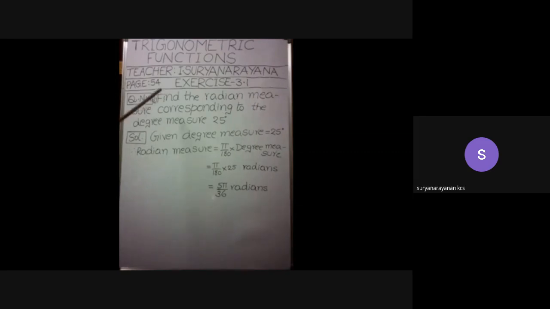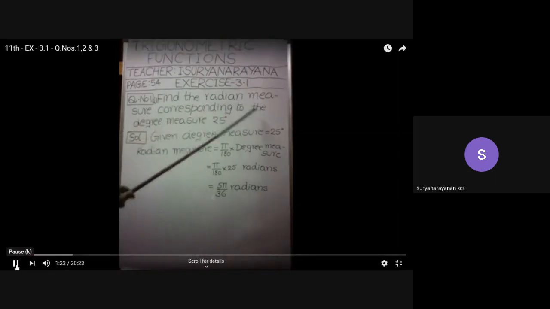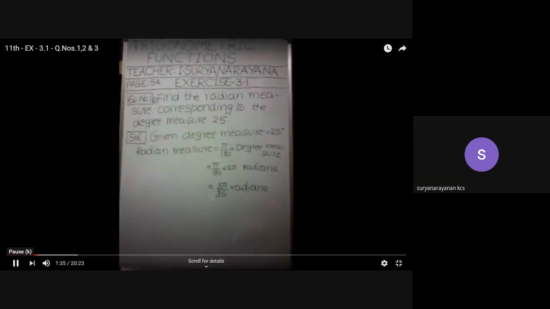See the question: find the radian measure corresponding to the degree measure 25 degrees. An angle is given in degree measure, and we have to convert this angle into radian measure. Yesterday we discussed the formula to convert an angle given in degree measure to radian measure.